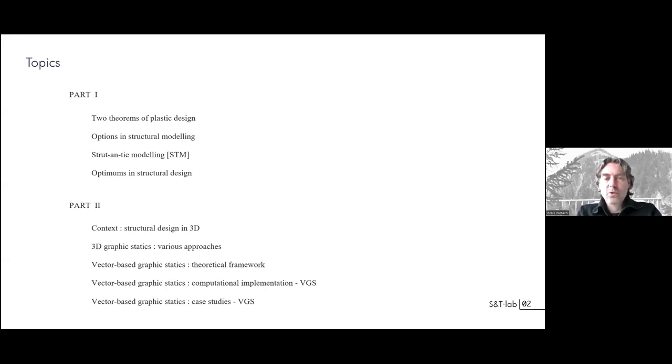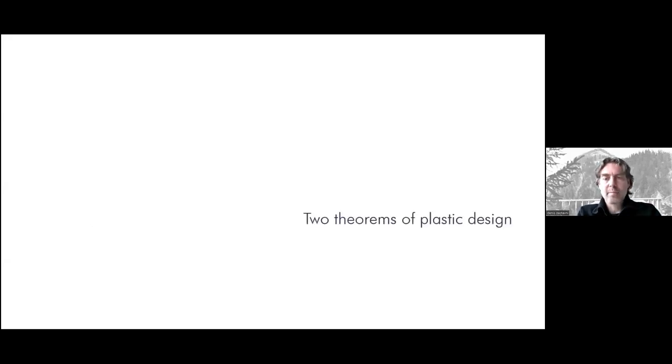Then I will pass the word to my colleague Jean-Philippe, who will introduce 3D graphic statics and the use of VGS, the vector-based graphic statics tool, for several purposes linked to optimum in design. So let's start with the two theorems of plastic design.